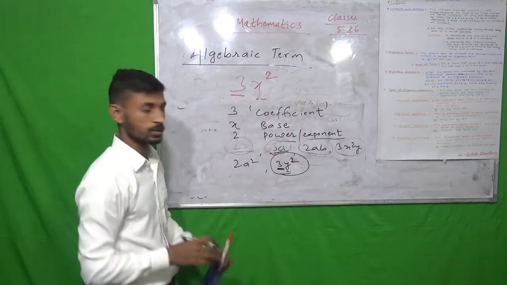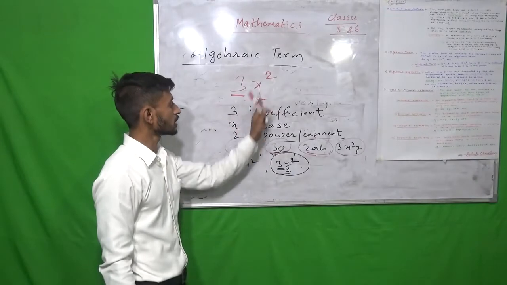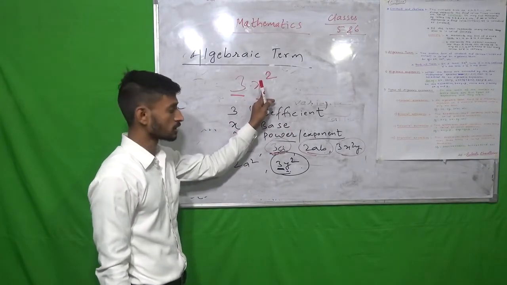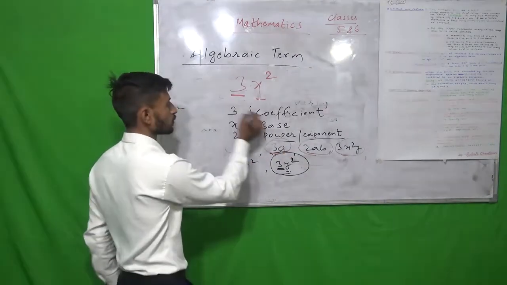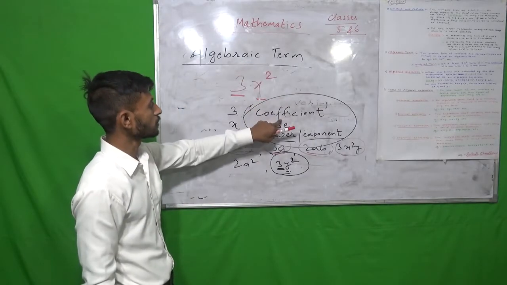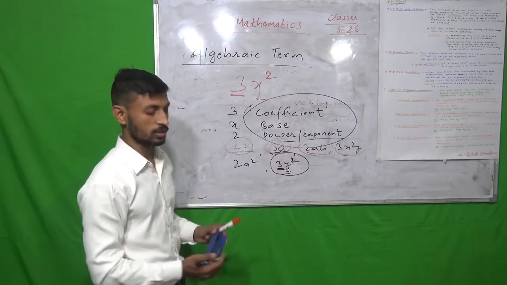This number is called coefficient, the letter is called base, and the number at the right to the top of base is power or exponent. These are the parts of an algebraic term. In an algebraic term, there is a coefficient, base, and power or exponent.